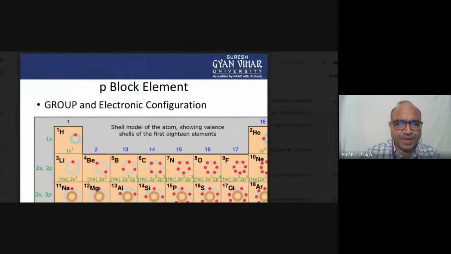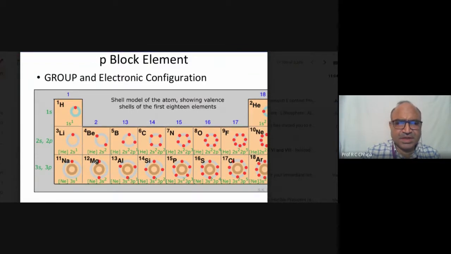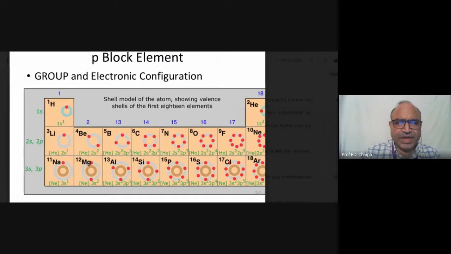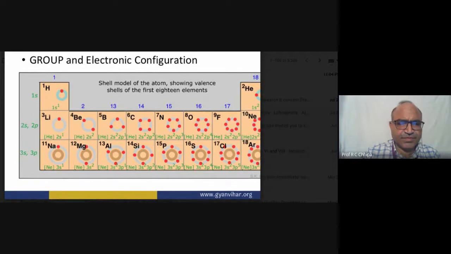Now we can also see one more thing, the shell model, where the valence shell, here also the 2p and 3p, in case of 2p and 3p, the different electronic configurations are mentioned. One more thing is there, the valence shell of the first 18 elements.